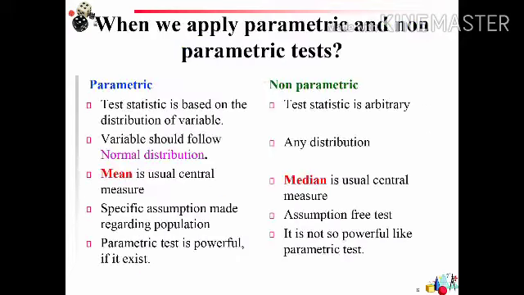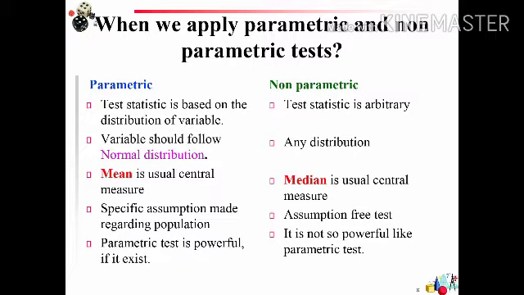Okay. Many researchers may ask this type of question, that is, when do we apply parametric and non-parametric tests? In a parametric test, the test statistic is based on the distribution of the variable. That is, the variable should follow a normal distribution. But in the case of a non-parametric test, it is not mandatory; it need not follow a normal distribution.